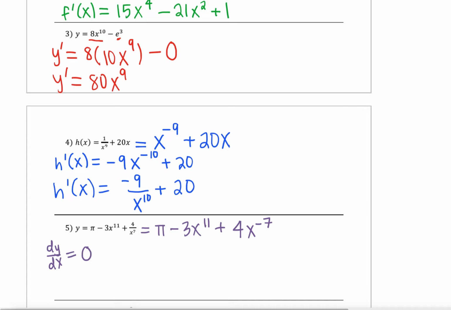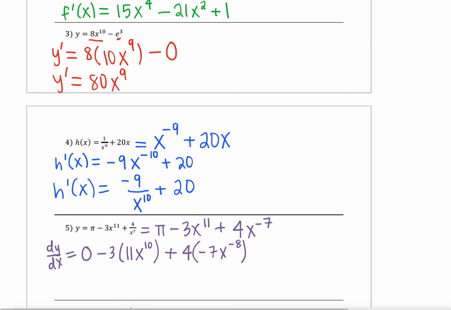The coefficient's going to go along for the ride, so the negative 3 will still be there. Now the 11 will come down, and then we're going to get x to now the 11 minus 1, or x to the 10th power. And then plus, the 4 is going to still be there as a scalar. Derivative of x to the negative 7th would give us negative 7 x to the negative 8th, because again, we're subtracting 1.